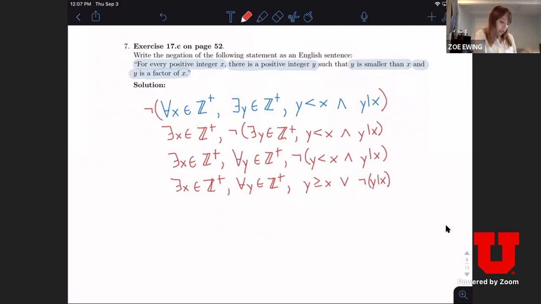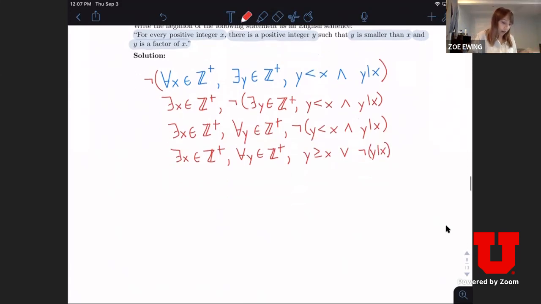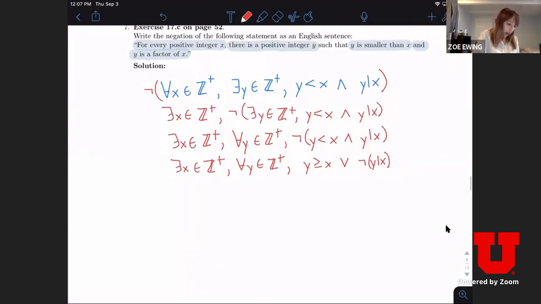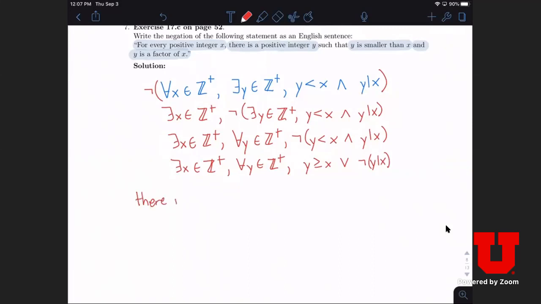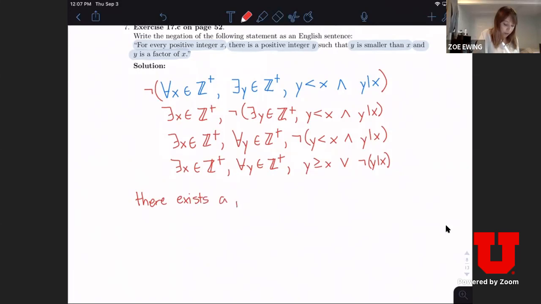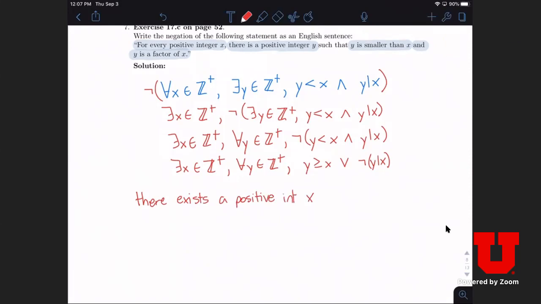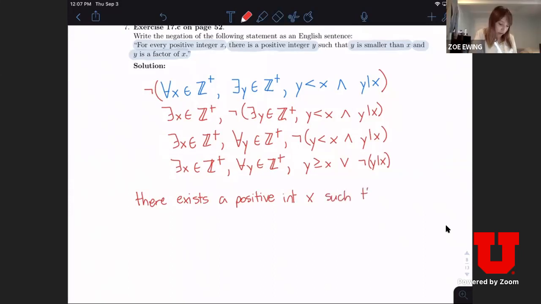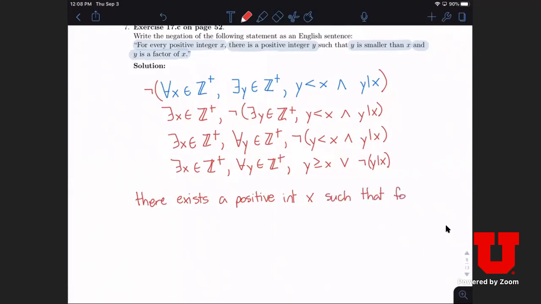So translating this, we kind of did it into English while we were going through it, but we'll just write it out anyway. So we have: there exists a positive integer x such that, wouldn't it be for every positive integer y?